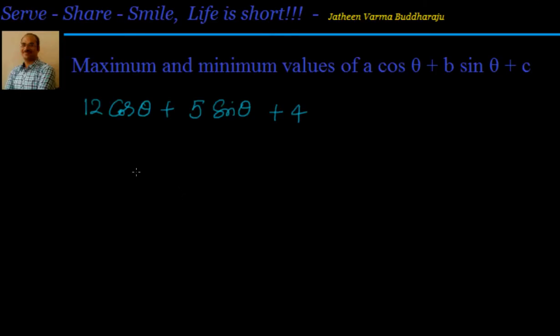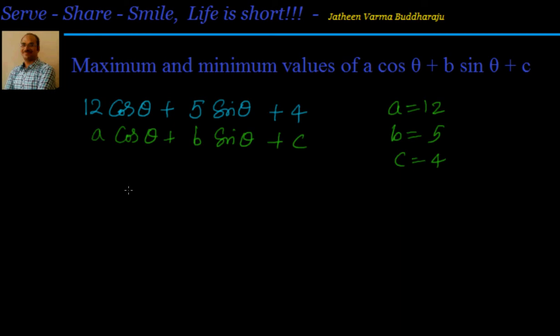So we have a simple trigonometric expression here, 12 cos theta plus 5 sin theta plus 4, which is in the form of a cos theta plus b sin theta plus c. So a is 12, b is 5, c is 4. We know the formula straightforward, we can go and apply it.